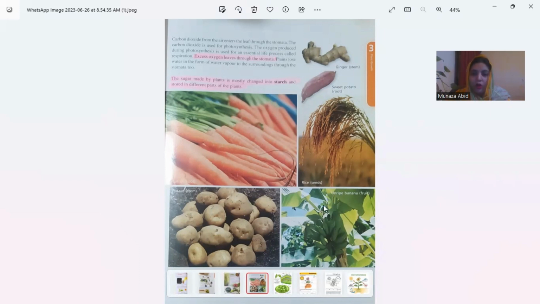Okay, so all the food that we eat, except meat and other things, we are actually eating the food that is made by these plants. So plants not only make food for themselves, they make food for all the living organisms as well. That's why they're called autotrophs and producers.